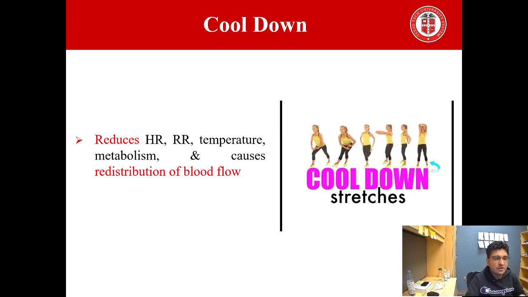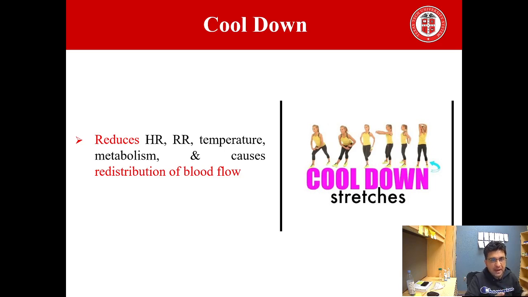And for that, you need to reduce your heart rate so that now there is no need of increased blood supply to the muscles. So the heart will decrease its rate of pumping blood. Similar thing is going to happen with the respiratory rate, the temperature, and metabolism, so that the blood will go back, just opposite to the warm-up.